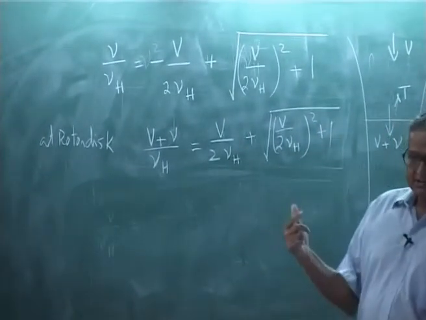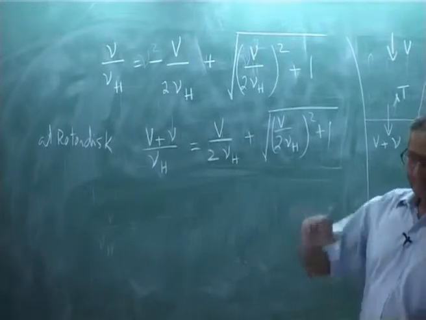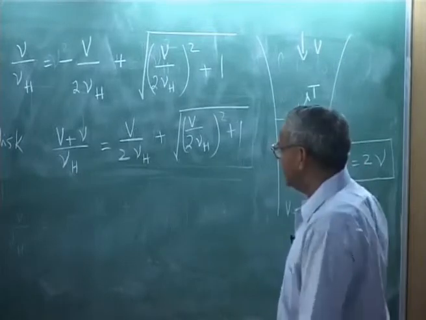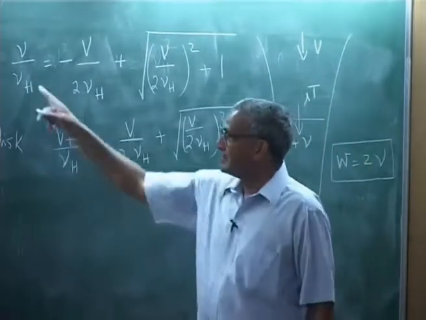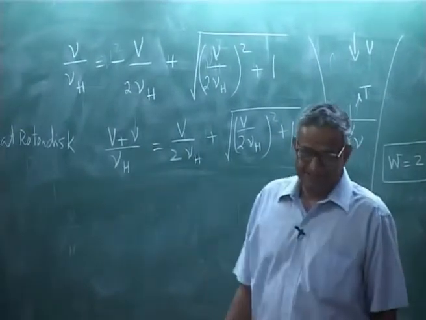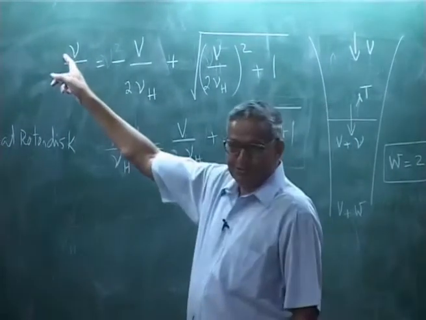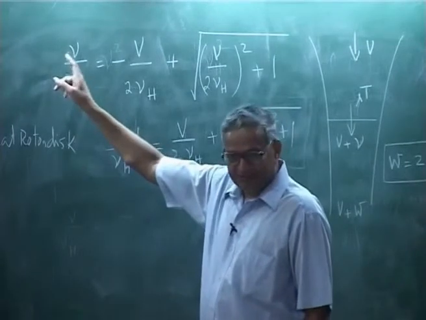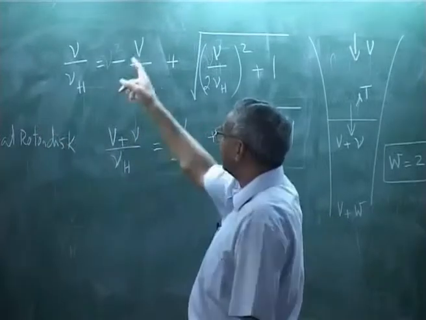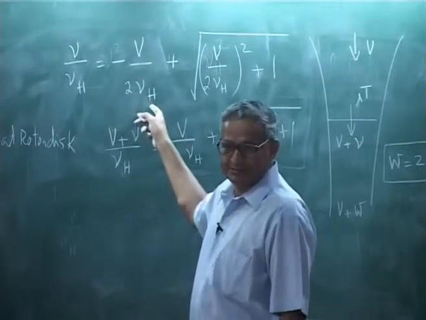If I want at far field, that will be V plus 2 nu. Okay. So, I know nu, I will be multiplying by factor here 2 and then adding V. So, when I multiply that, V over nu H will cancel out.